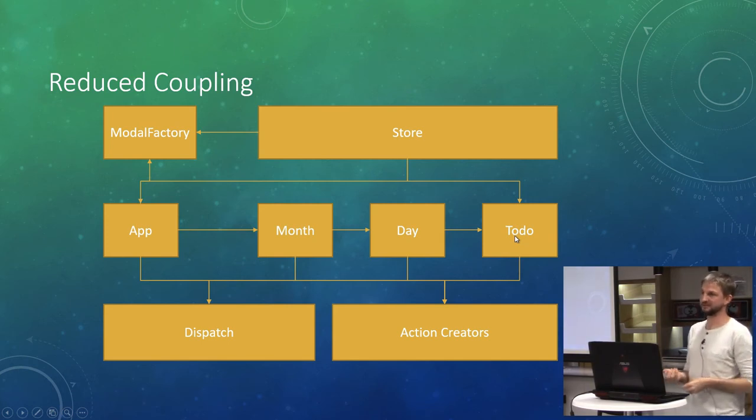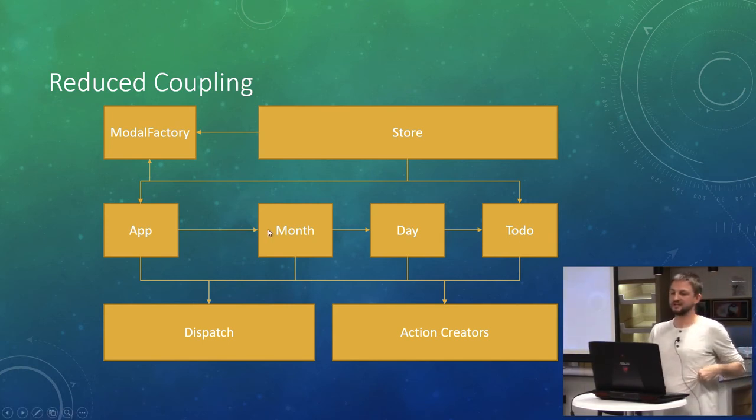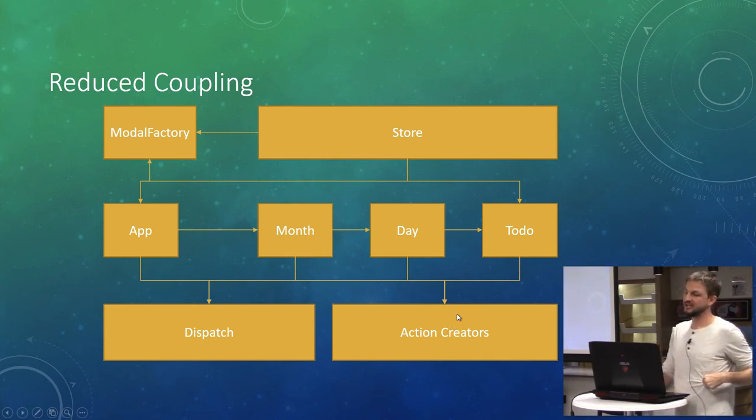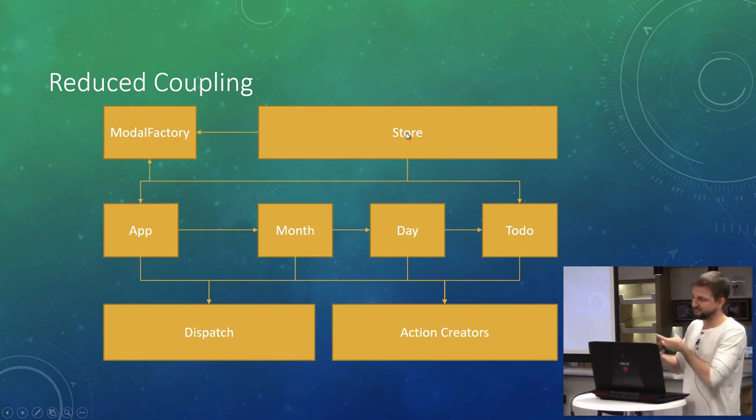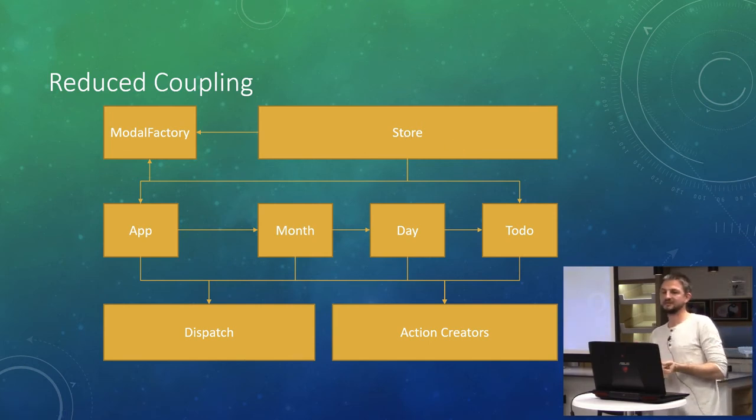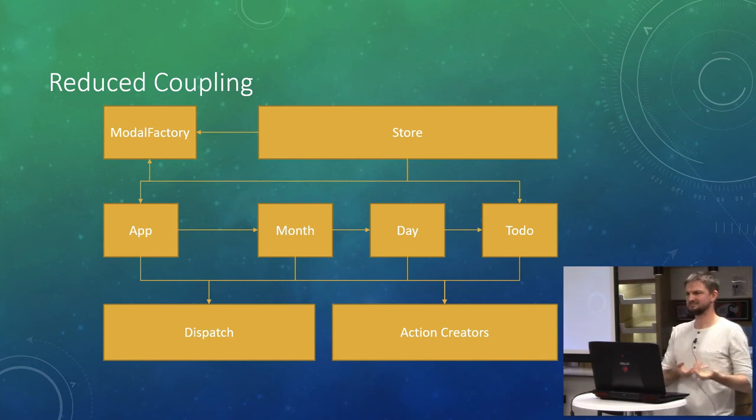It becomes painful very quickly. So now that we can just import the action creators to our application and immediately dispatch actions to our store, we skip a lot of stuff that we didn't need to do. And we all know coupling is bad and high cohesion is good.